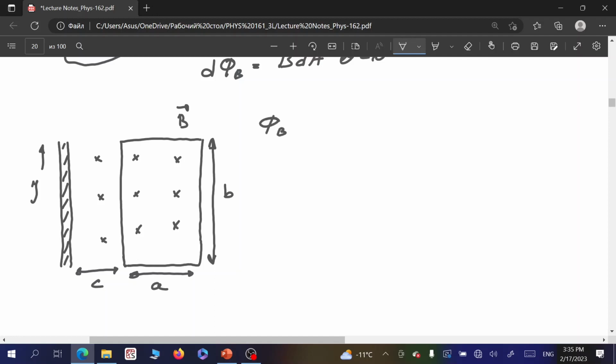So ΦB will be equal to the integral of B vector dot product dA vector. And that will be, again, taking into account that they are parallel, we can replace it with just the product of two scalar quantities, the magnitude of the magnetic field and dA. B is a function of position that we need to take into account.